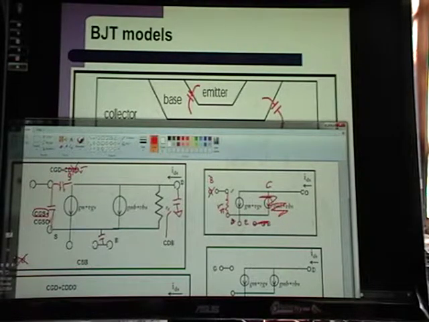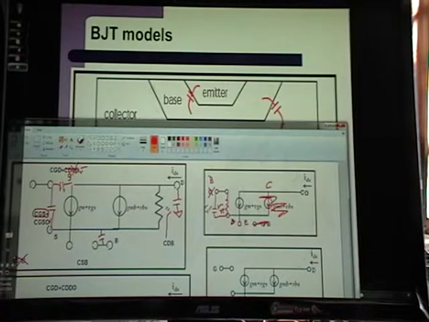So what you have here is base to emitter, and I'm fine with you calling that CBE, but the official name that you'll see in a lot of textbooks is C pi, because it's in parallel with R pi. So this is CBE right here. Not sure if you can read that.